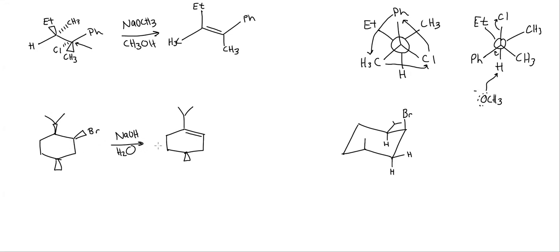So the question is, can I form that one? Well, in this case, I can. Why? Because this is up axial, this bromine, and this hydrogen's on a down axial. So they're 180 degrees apart. It checks out. It's good. So in this case, my OH would come in, take that hydrogen, that would go there, and then bromine leaves, right?